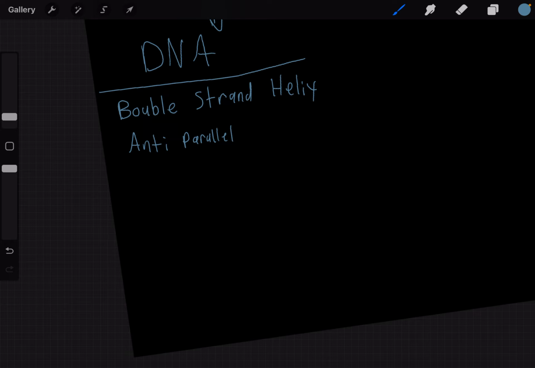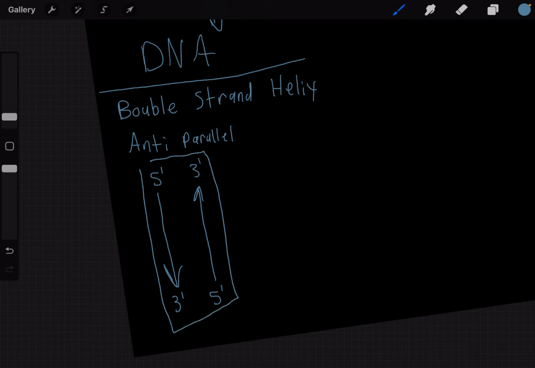Anti-parallel means you'll have a 5 prime going down to a 3 prime. That's one strand, but it's a double strand. So that means you'll have a 3 prime, and remember, 5 prime always connects to 3 prime, a 5 prime going that way. So this right here is anti-parallel, where the 5 is with the 3 and 3 is with the 5. So it's anti-parallel, going in opposite directions. The double-stranded helix, that is.